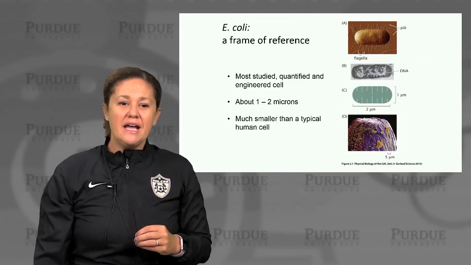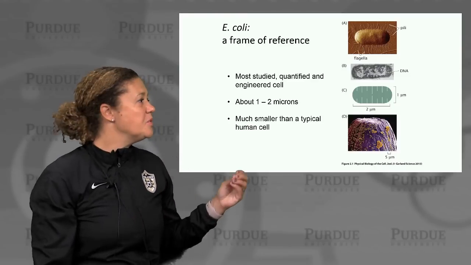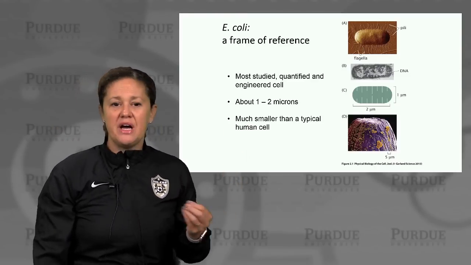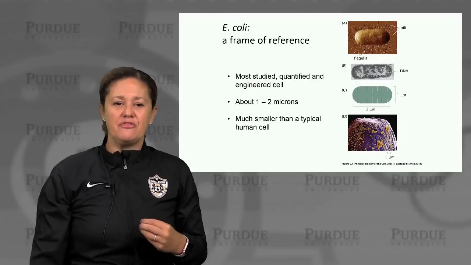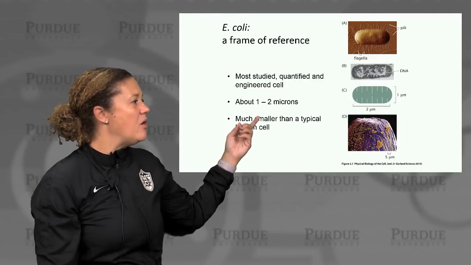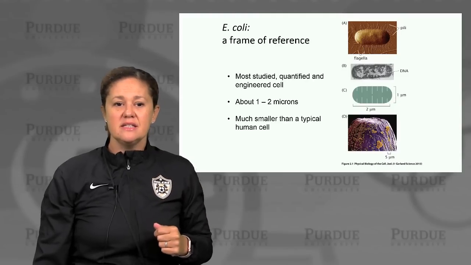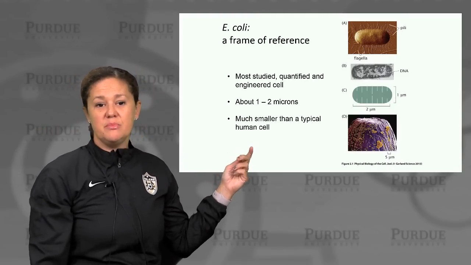So E. coli, as being such a common model in the lab, is one of the most studied and quantified and engineered cells. So we often use it as a frame of reference for thinking about cells by the numbers. E. coli are about 1 to 2 microns in size, right? And as I pointed out in the last slide, remember, much smaller than a typical human cell.